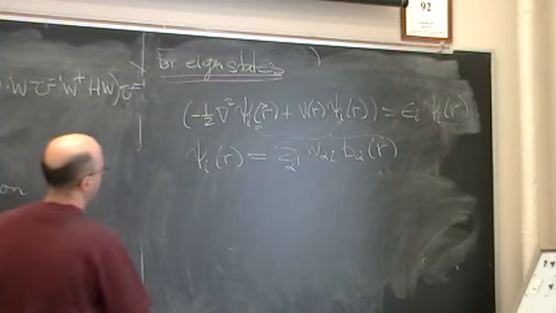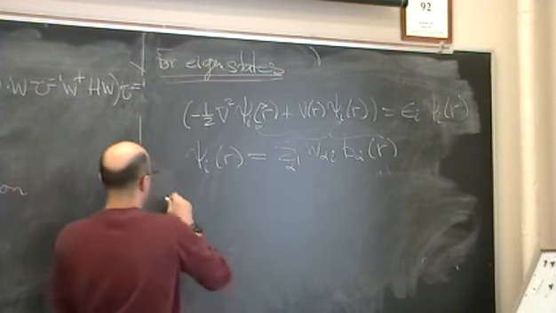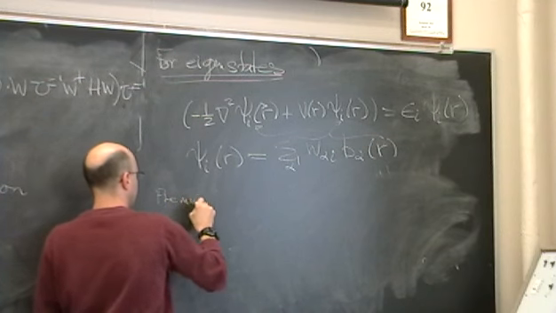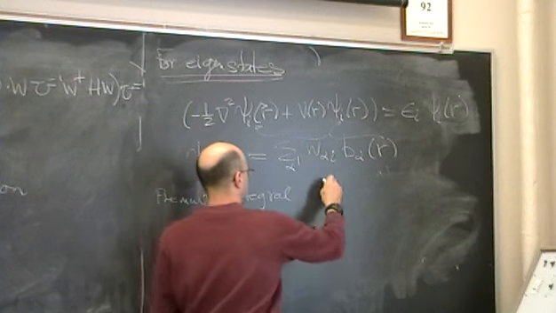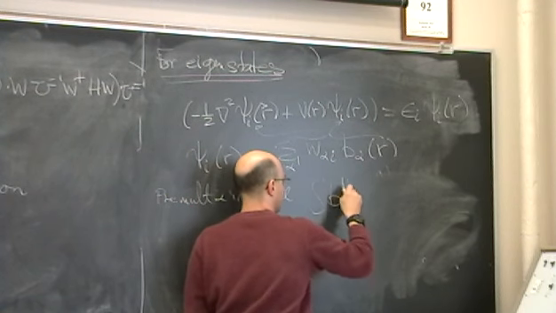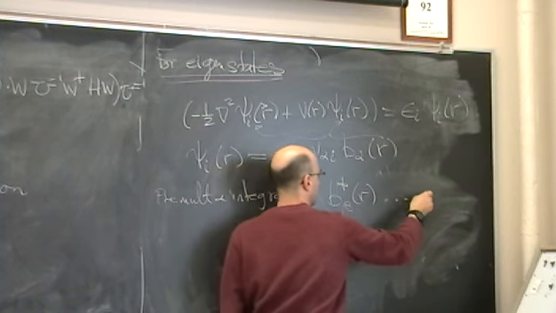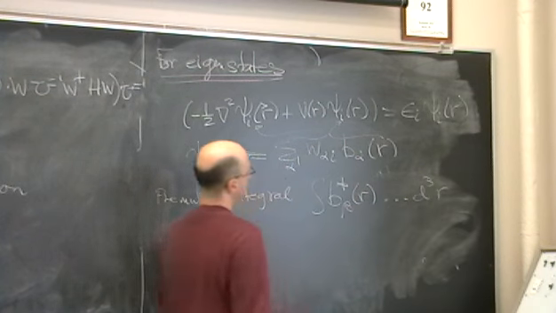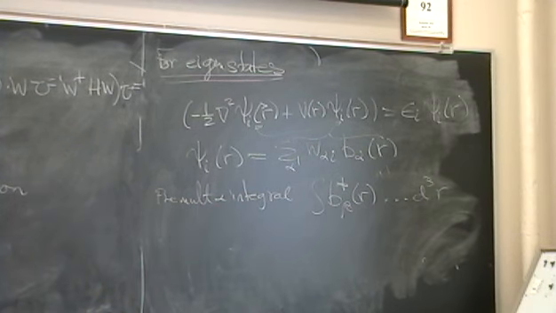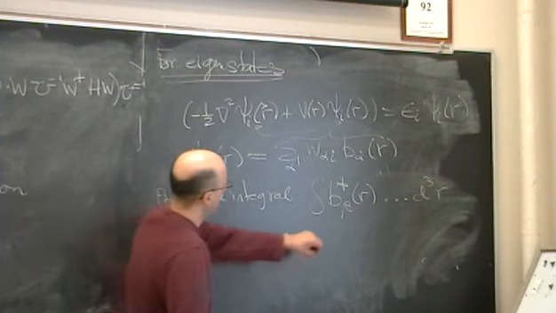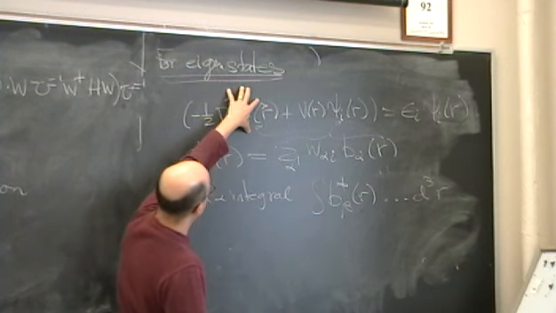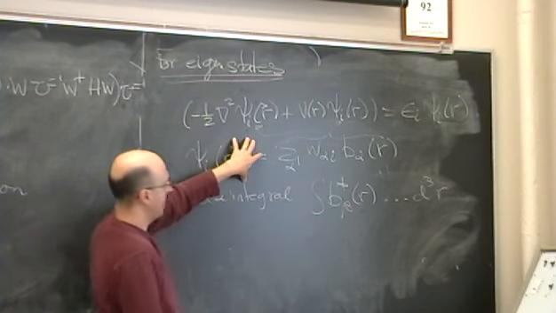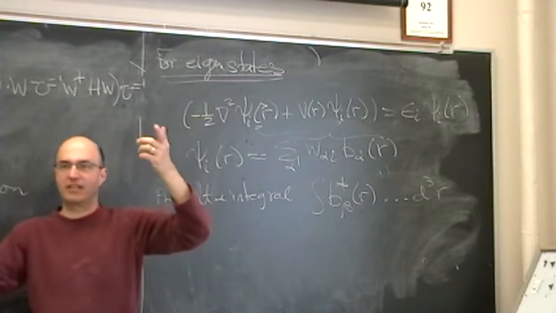Very good. So we're going to insert this in there, and then pre-multiply and integrate with B beta star of r, both sides of the equation. So let's see. When I integrate B beta star onto this term and insert this expansion, I can go rearranging all my terms.